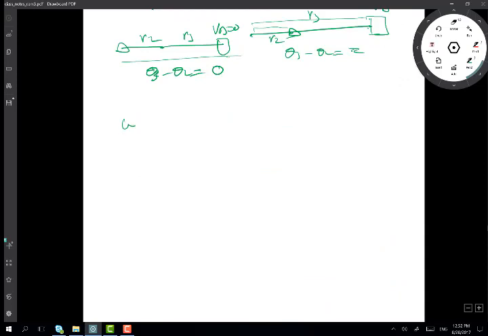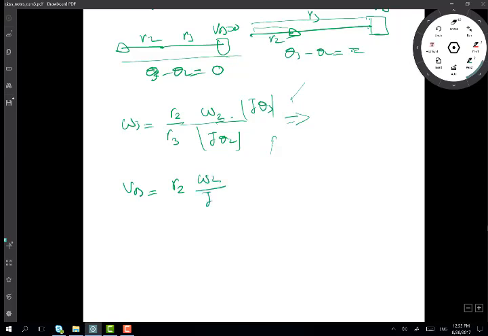Omega 3 was R2 over R3, omega 2, multiplied by the determinant of J theta 2 over the determinant of J theta 3. Just substitute these values to get the expression. VB was R2 omega 2 times the determinant of J theta 2 over the determinant of JXB. It's easy to calculate.